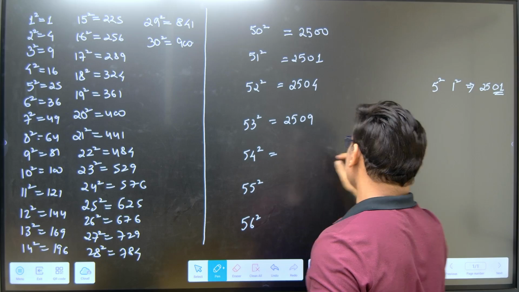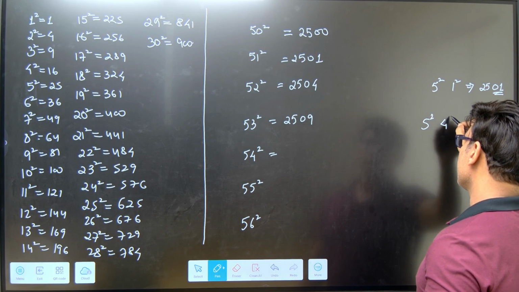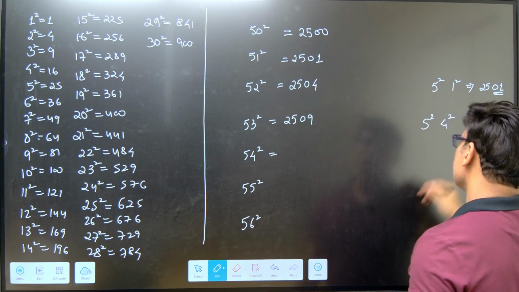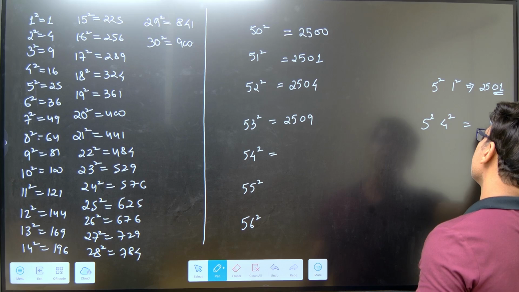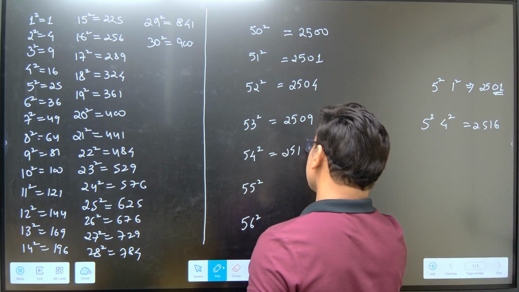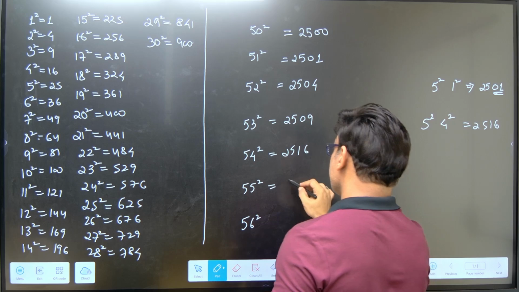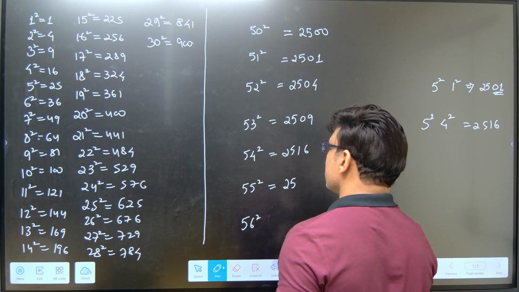For 54 square, 5 square and 4 square, 4 square is 16 and 5 square is 25, so write it as 2516.